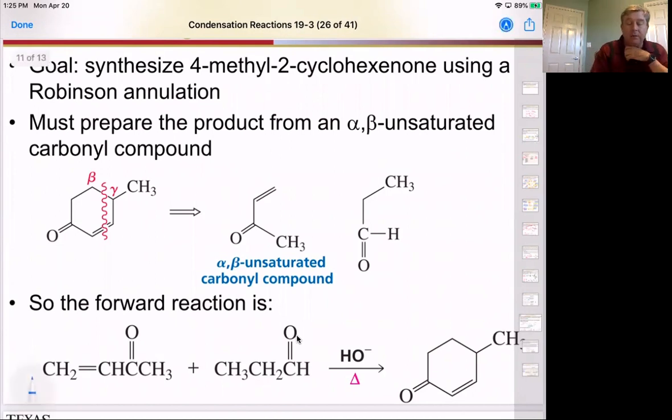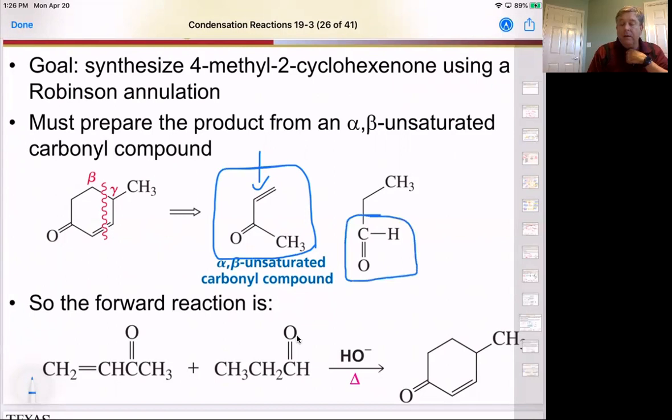Okay, so for example, if we started with this unsaturated ketone here, this double bond will go away. And if we started with this system here as our material, the carbon that has the carbonyl is where our double bond will appear. Okay, so for example, if we look at it here, we have this material here.